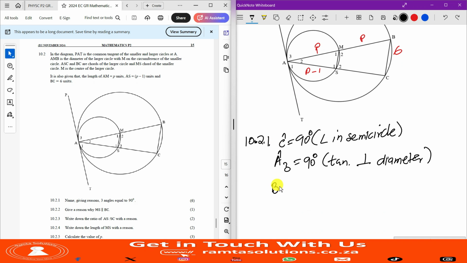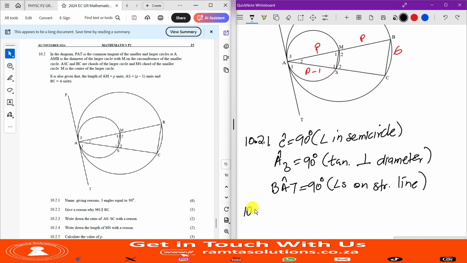Angle BAT is also equal to 90 degrees. What's the reason? You can say angle on a straight line, or tangent perpendicular to radius, whichever you like. These are the three that I can think of.